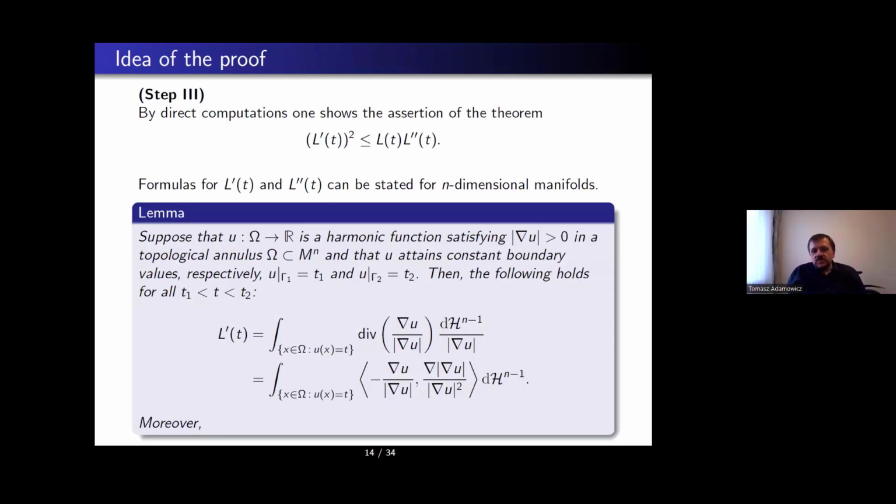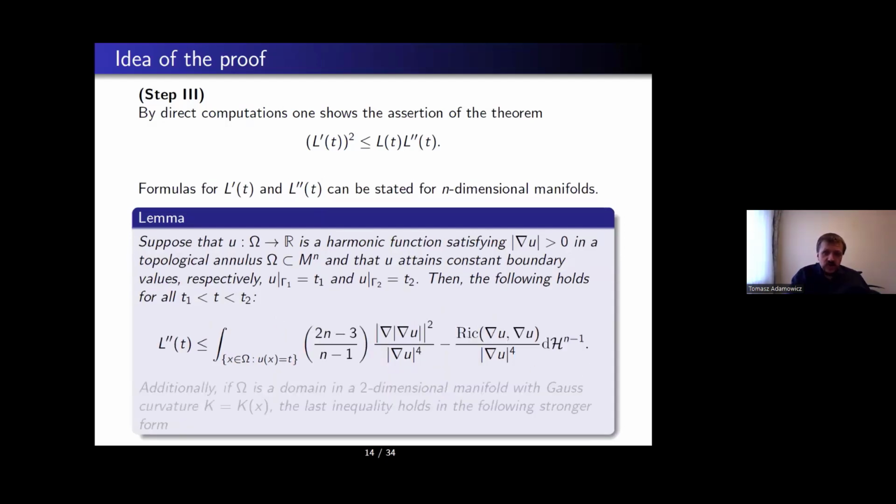Suppose that u is a harmonic function such that the gradient is non-zero in the annulus omega, and u solves the constant boundary Dirichlet problem with constants T1 and T2. Then for all t between T1 and T2, L prime can be computed by the following equation, which is equivalent to the second formula.